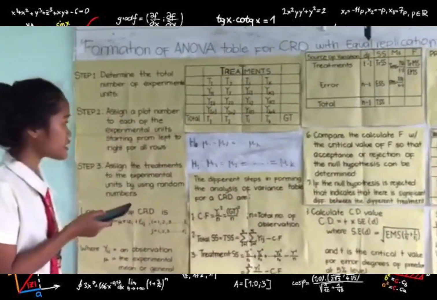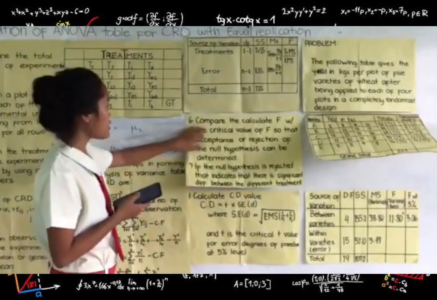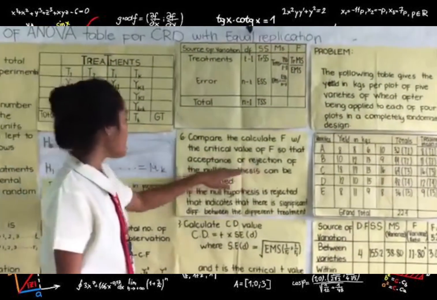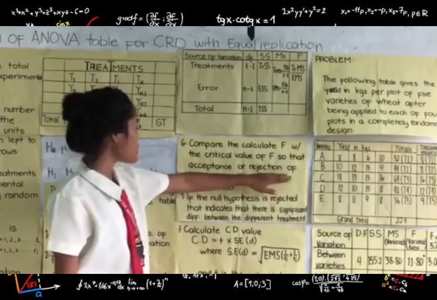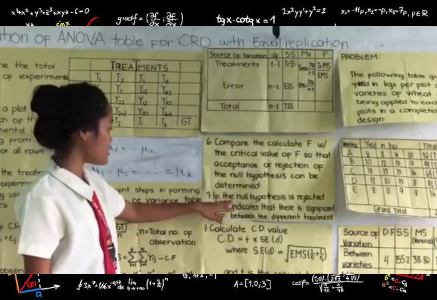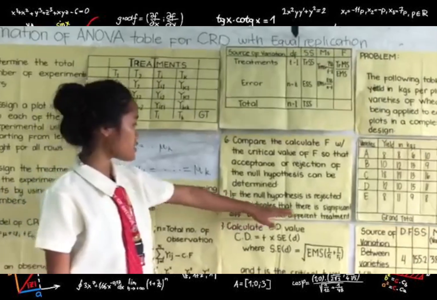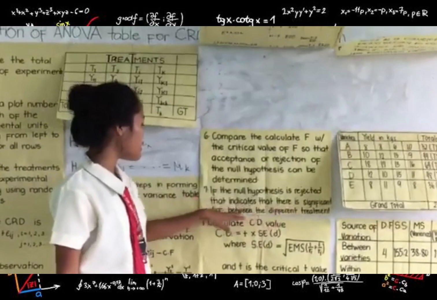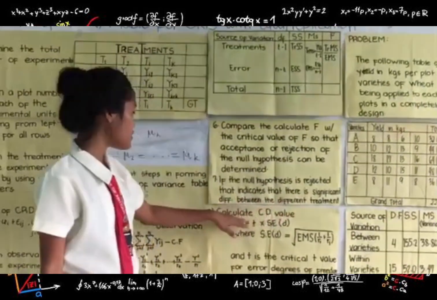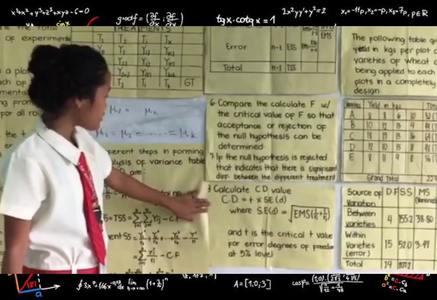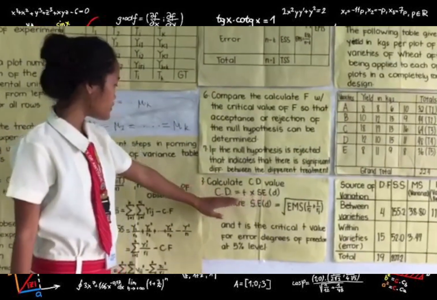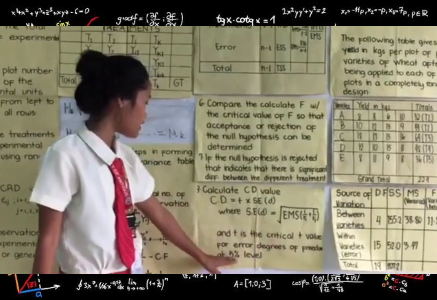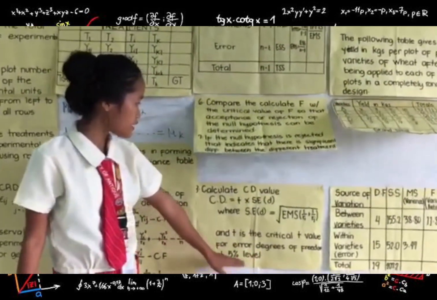Step number 6, we compare the calculated F with the critical value of F so that acceptance or rejection of the null hypothesis can be determined. Number 7, if the null hypothesis is rejected, that indicates that there is a significant difference between the different treatments. Lastly, number 8, we calculate the CD value, where t is the critical t value for the error degrees of freedom at 5% level.